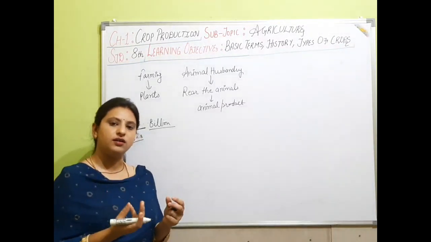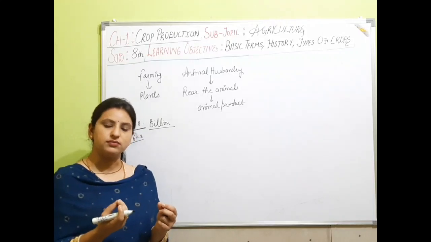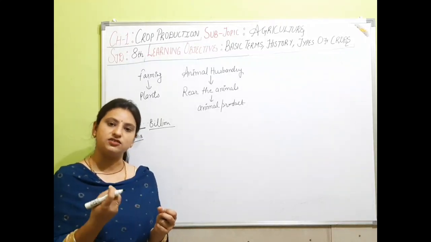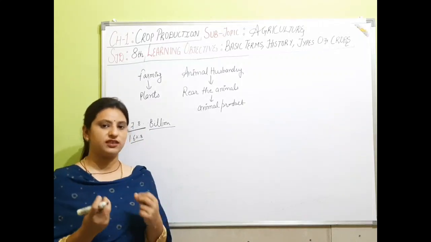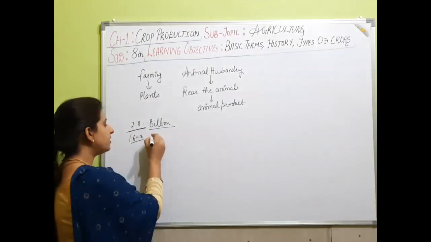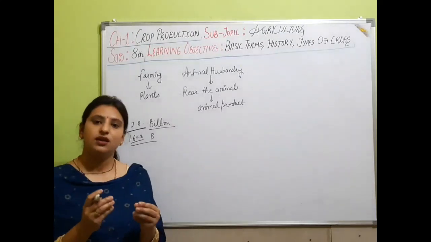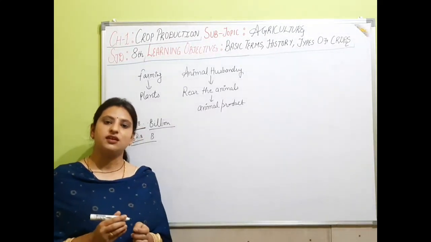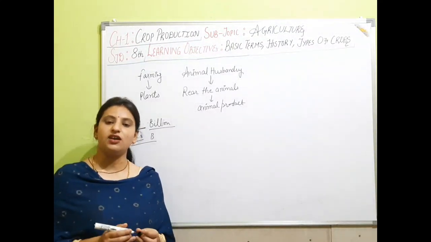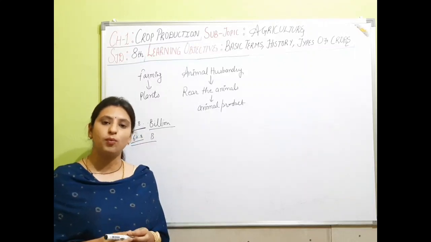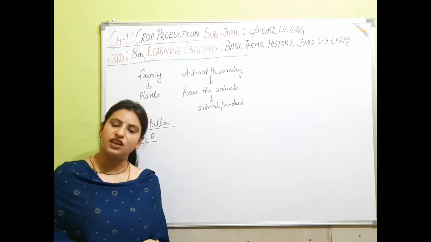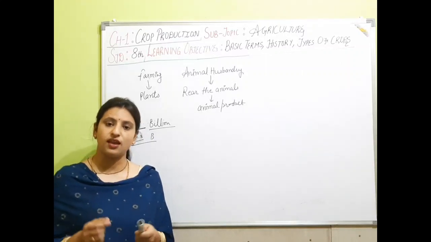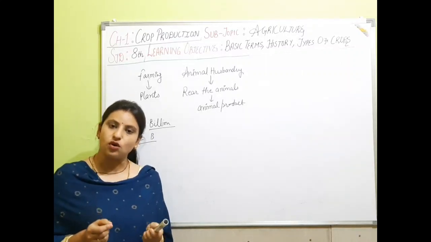New infants are taking birth, so some fluctuations are there. This much of the population is in India in the present time. Food is a basic need for all individuals, all the people.